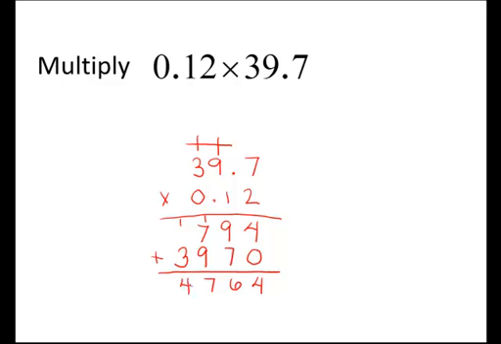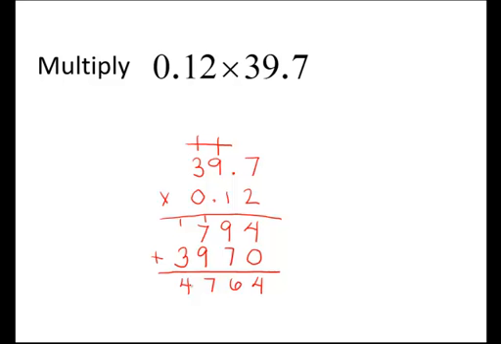In order to determine the placement of the decimal point in my answer, I add up all of the digits to the right of the decimal point in the two numbers which I am multiplying together. 39.7 has 1 digit to the right of the decimal point. 0.12 has 2 digits to the right of the decimal point. 1 plus 2 is 3.